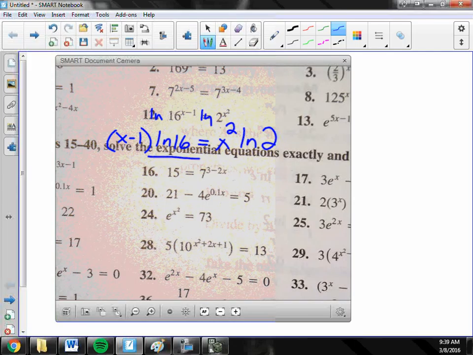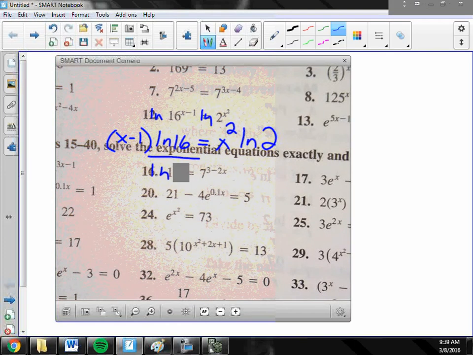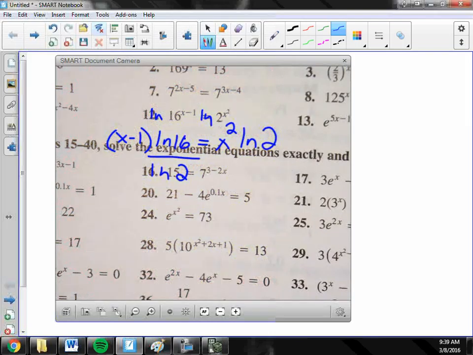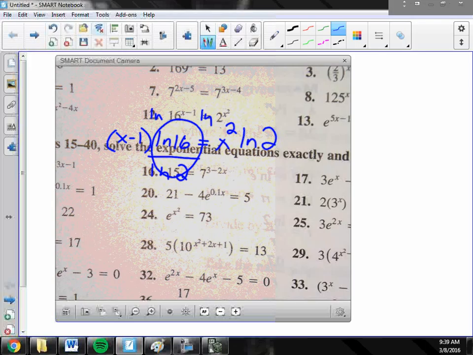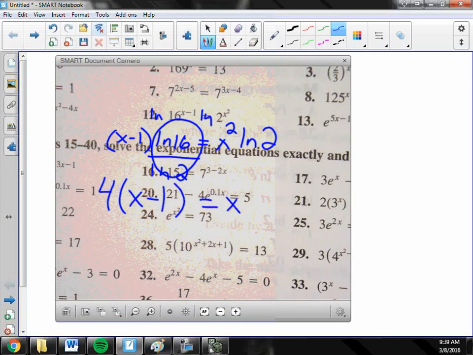So if I divide this by the ln of 2, 2 to what power is 16? 2 times 2 would be 4, times 2 would be 8, times 2 would be 16. So that's 2 to the 4th. So this is just a 4. So I get 4 times (x minus 1) is equal to x squared.